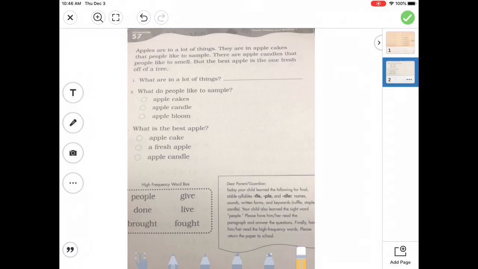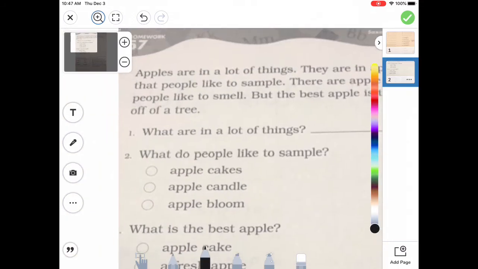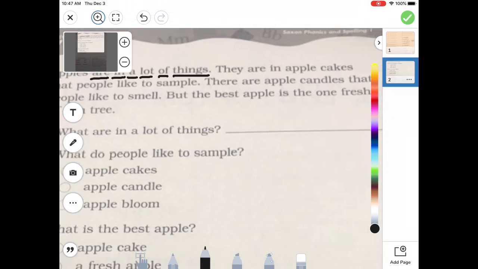We are going to read this passage and try to answer some comprehension questions to make sure we understand what's going on in the story. Okay, so we're going to start up at the top, and remember, I'm going to underline my sight words and practice sounding out the words I don't know. So my first word is one of those multisyllabic words, and I say apples. Apples are in a lot of things. Look at all those sight words.